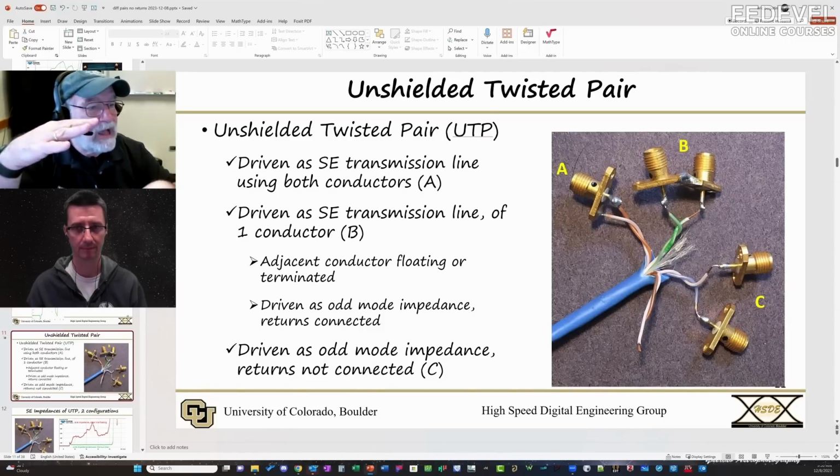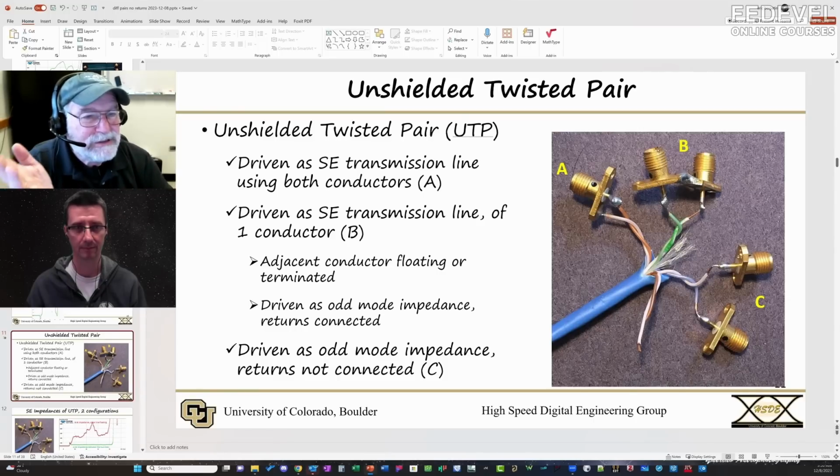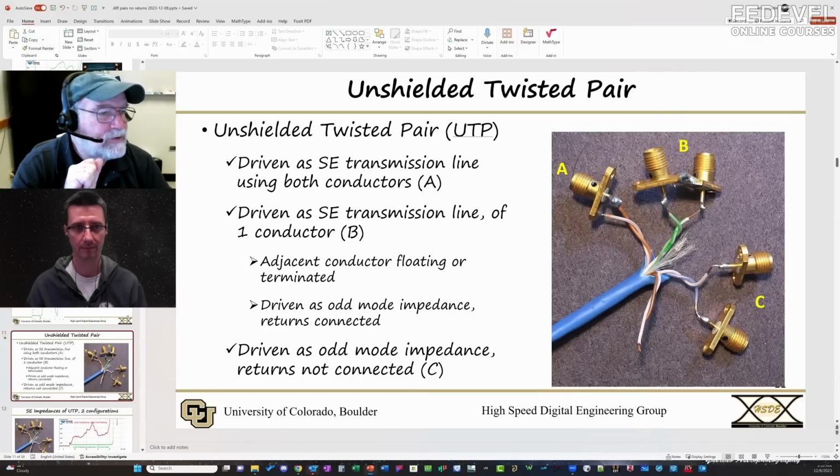So they're going to overlap, and if they overlap, what are they going to do? They're going to cancel out. And it is true that the return current for this single-ended line will be carried by this one when I drive them with a differential signal. And the differential impedance should be pretty well controlled.